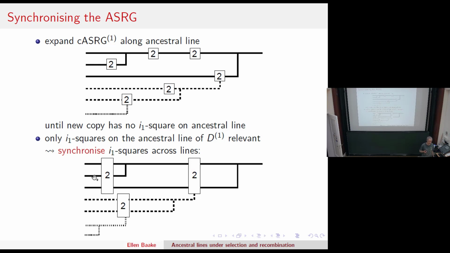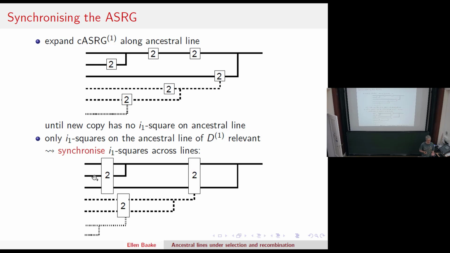So let me recapitulate a bit and streamline and start at the very beginning and see whether we can tickle out the dual process. So again, let's take a situation where the selected site is number 1, and we want to start with a collapsed ASRG1.